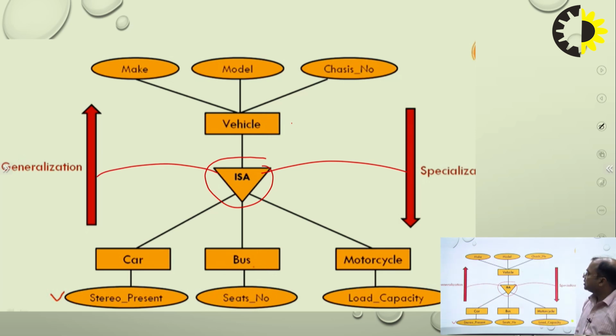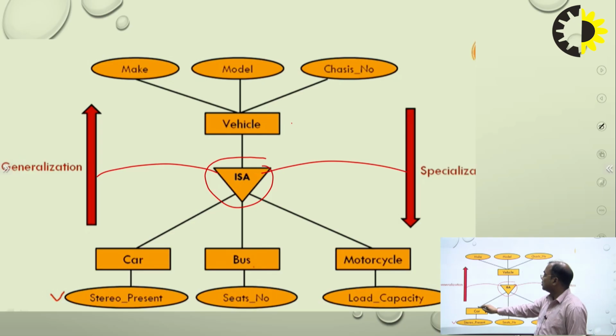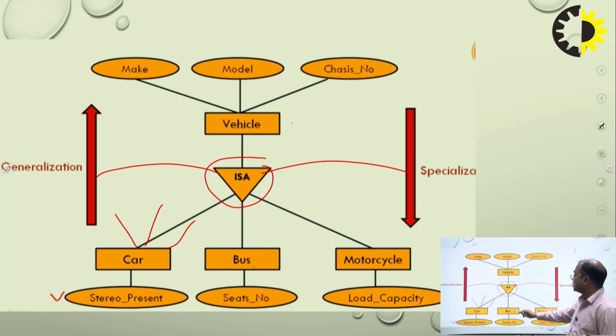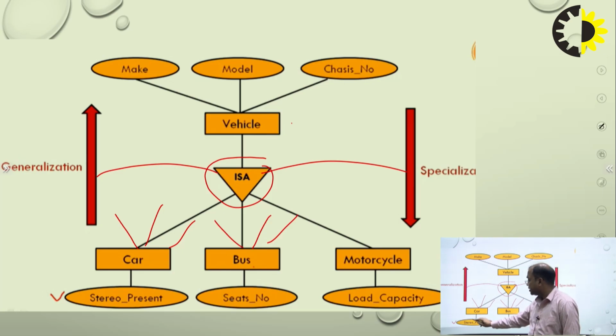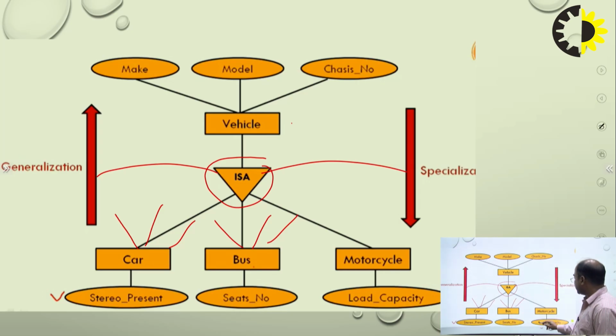In this diagram, car is a specialization of vehicle. There are some attributes, make, model, and chassis, which are the same for all. Car has make, model, and chassis attributes. Bus also has make, model, and chassis. Bus seat is different: seat number in bus is different. Motorcycle load capacity is different. But the common attributes are common to all.